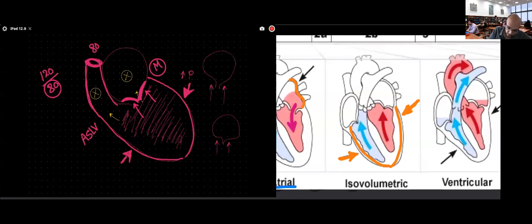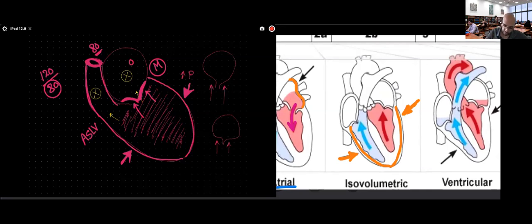So what is the blood pressure in my aorta? It's 80 millimeters of mercury, from the previous relaxation and contraction. Compared to the atrium, the atrium has a much lower pressure, around zero.